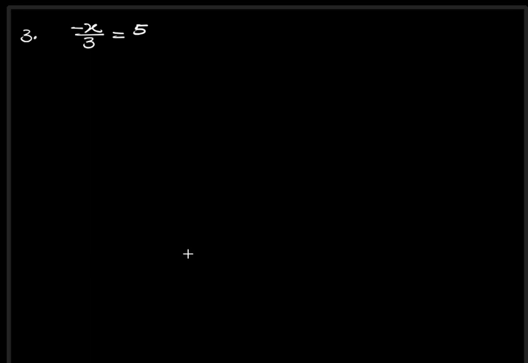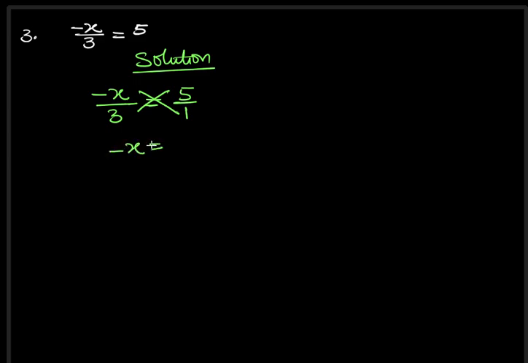We move to question number 3. So this will give us minus x all over 3 equal to 5. This 5 is saying 5 over 1. So we cross multiply. Minus x times 1 will give us minus x, which equals 3 times 5, that will give us 15. We can't leave our answer like this because this is minus x.